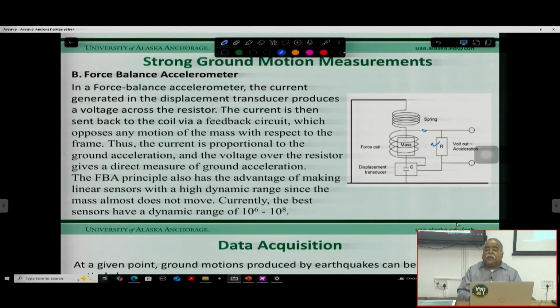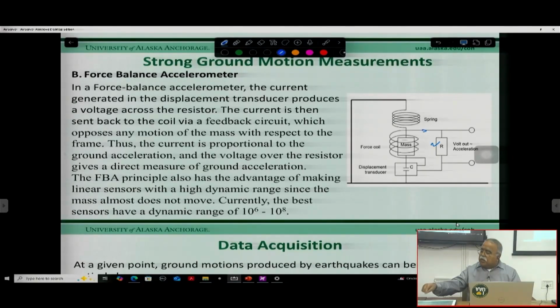And then what has happened, in the force balance accelerometer, there is a feedback circuit in which the current is sent back to this wire in the opposite direction, and as a result, the mass will not be able to move, or it will immediately be brought to static conditions.